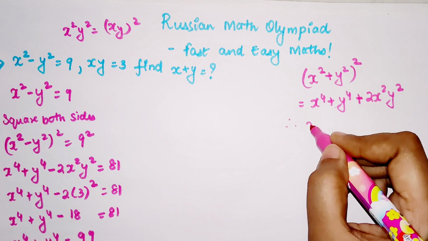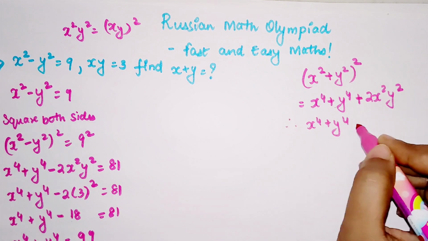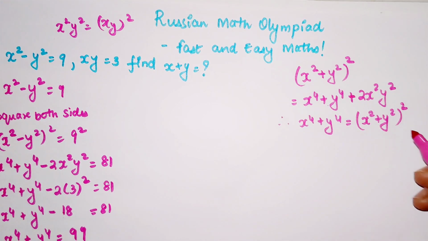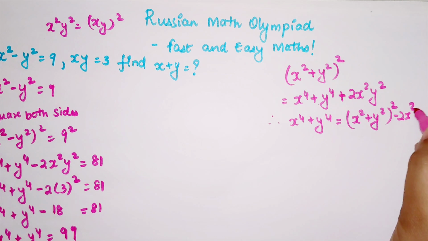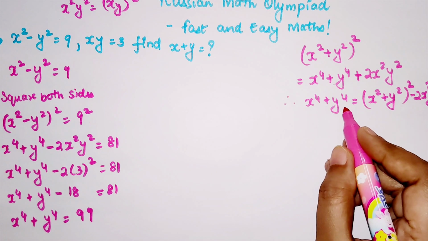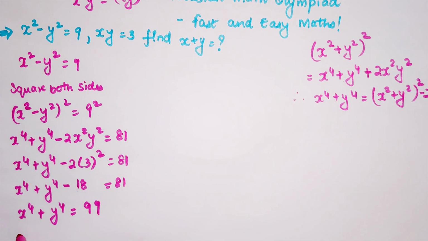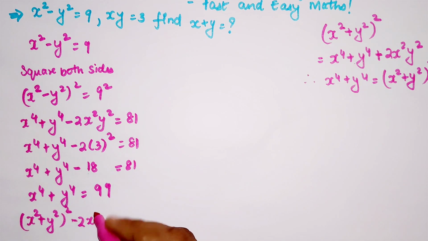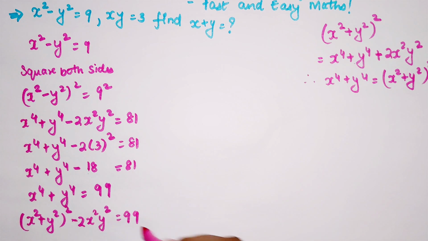Therefore x raised to 4 plus y raised to 4 is equal to x square plus y square the whole square minus 2x square y square, correct? So instead of x raised to 4 plus y raised to 4, I can write x square plus y square the whole square minus 2 into x square y square, correct, is equal to 99.